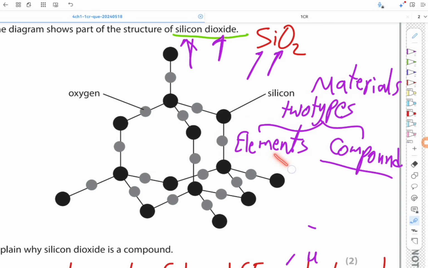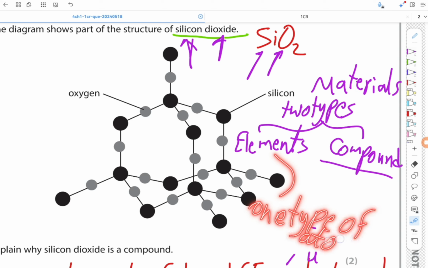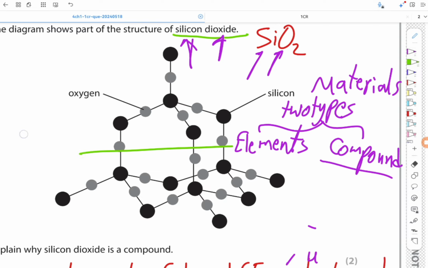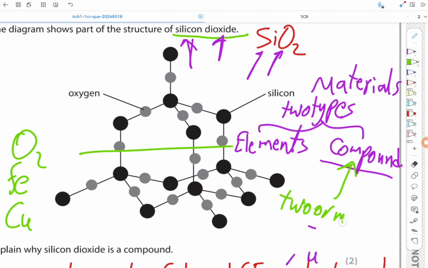As we know, my friends, an element is made up of one type of atom, which means all the atoms in the element are the same. We have examples for elements: oxygen, iron, copper, for example, or any other elements, while a compound is made up of two or more different elements.